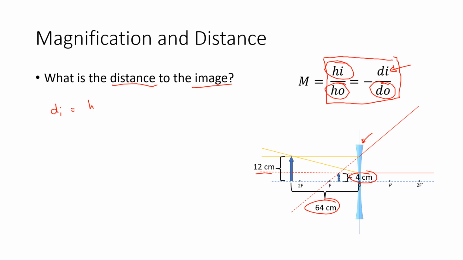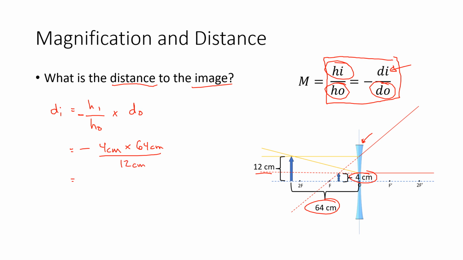Great, so we want to rearrange this so that distance to the image is all by itself. And so we can leave HI and HO where they are, and we'll just move distance to the object to the other side, along with that negative sign. You can put it wherever you want because it's multiplication. Right, so then let's put in the values. So it's going to be negative, and the height of the image was 4 centimeters times the distance to the object, which was 64 centimeters, all over the height of the object, which was 12 centimeters.